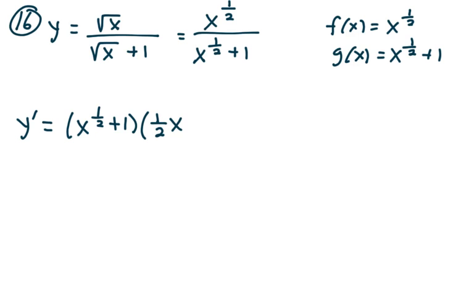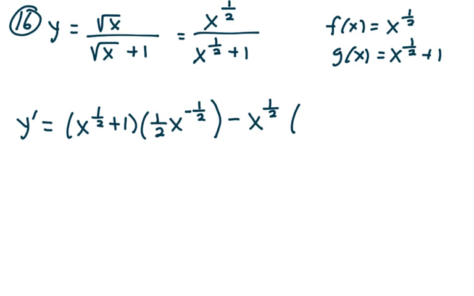And if you don't mind, I'm going to directly take the derivative. So it's x to the 1/2 plus 1 times 1/2 x to the negative 1/2. So that's the derivative of the numerator. And then I'm going to write down x to the 1/2. That's the top function.